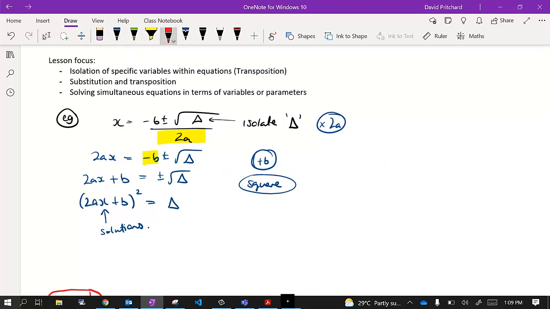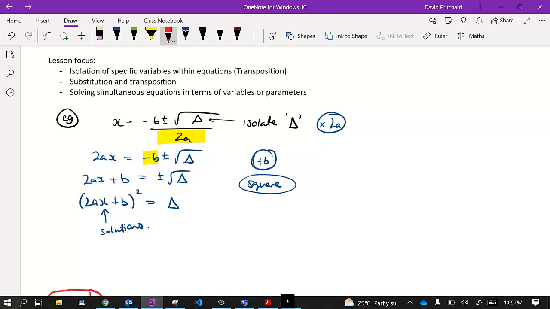Now, I will point out that when we're rearranging and isolating, the idea is that we deal with the element that's farthest away from the variable we're trying to isolate. So in each case, the 2a was farthest away, then it was the negative b, and then it was that square root.